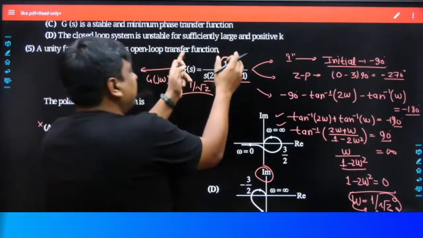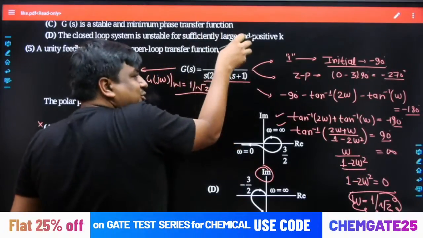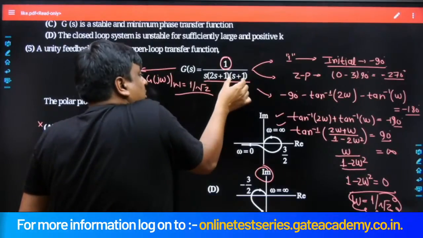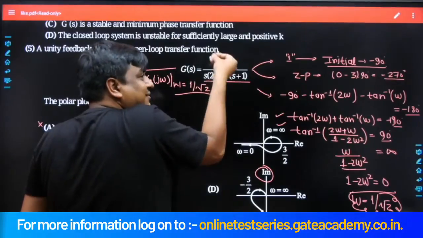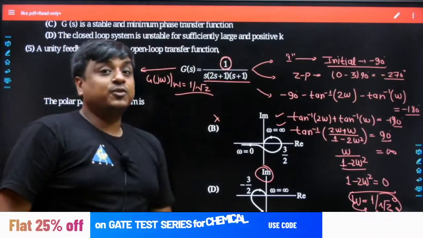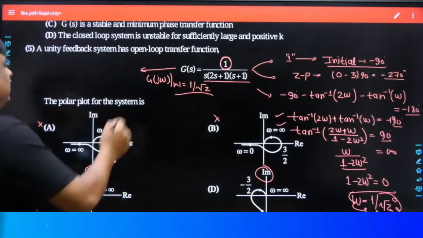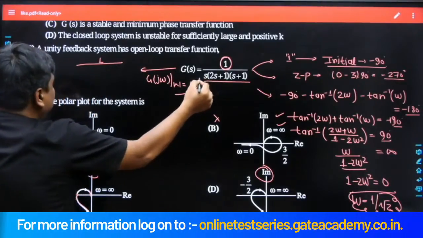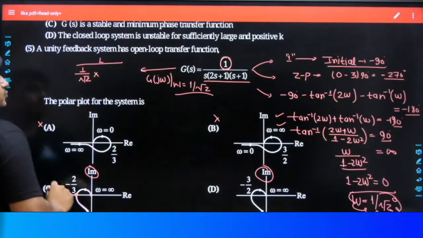So rather than taking its real as well as imaginary part and then the square root of them, you just focus on the magnitude of each individual component, and multiply and divide in the fashion it had been made over here. This is the basic property of complex functions which we dealt with in engineering mathematics. So the magnitude of 1 is simply 1. Similarly, the magnitude of S is simply omega, and that is 1 upon root 2.